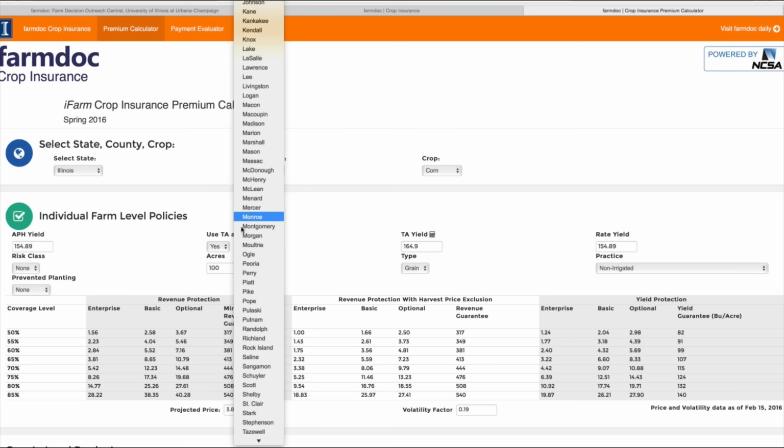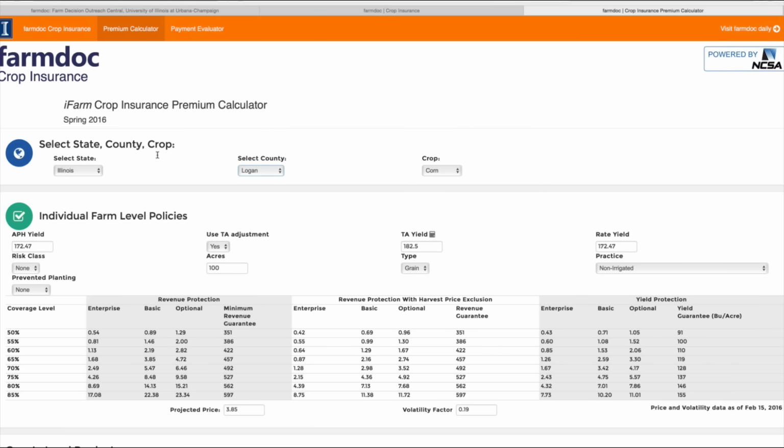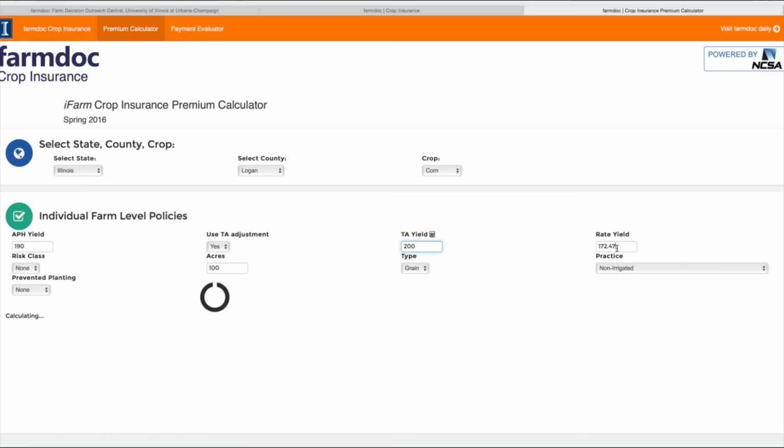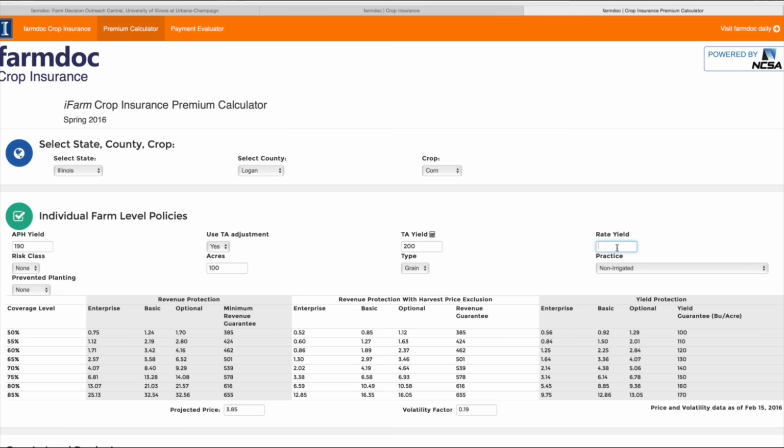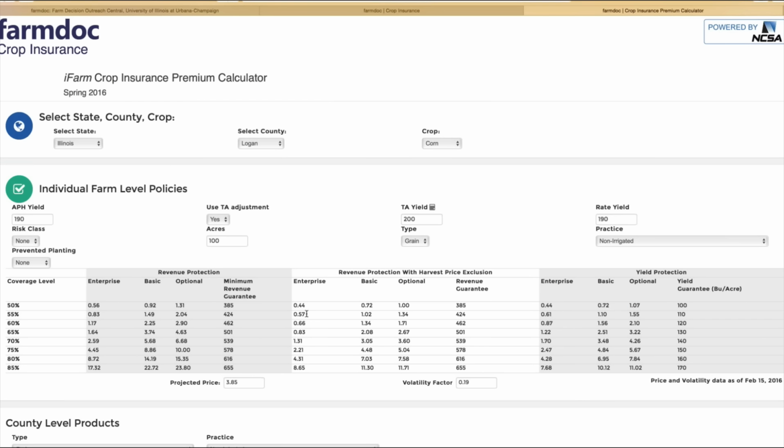I'm going to do this for corn, with my example here for 190 APH. I'm going to take the trend adjustment, 200, 190 for my rate yield. And then this product gives us premiums for all these products.